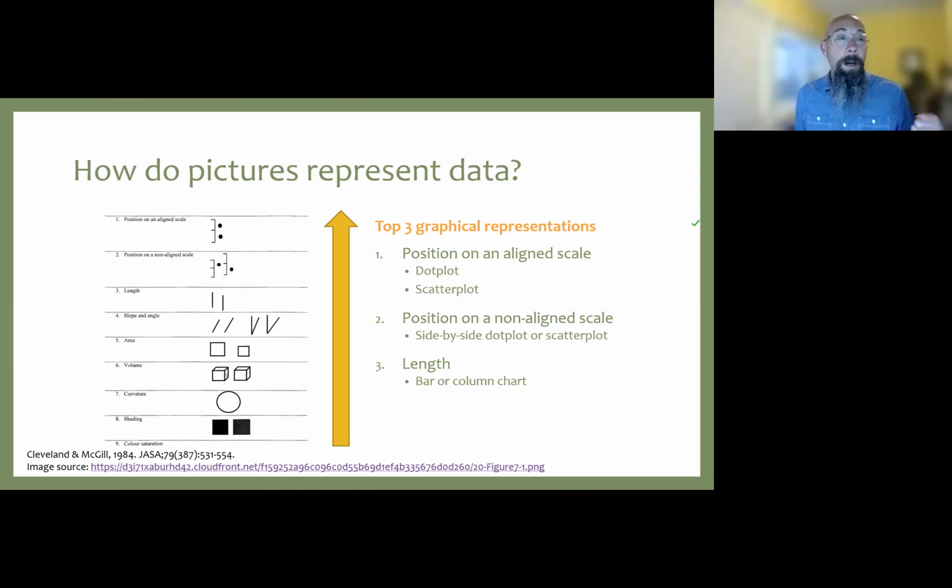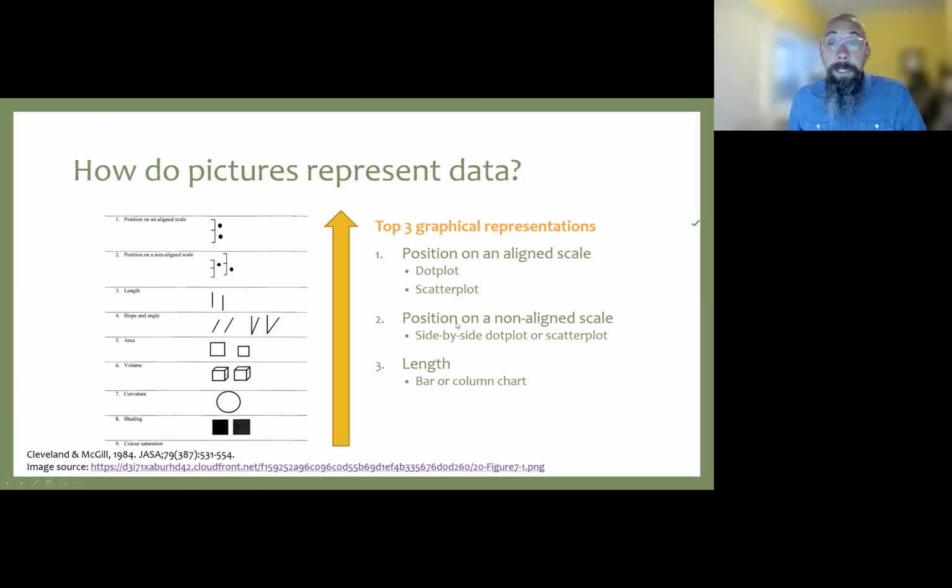So position on an aligned scale, that means you have dots or symbols that are along a constant scale that you can directly compare with one another. So a dot plot and a scatter plot are examples of that. That's the one that cognitively people are best able to correctly identify relationships between numbers.